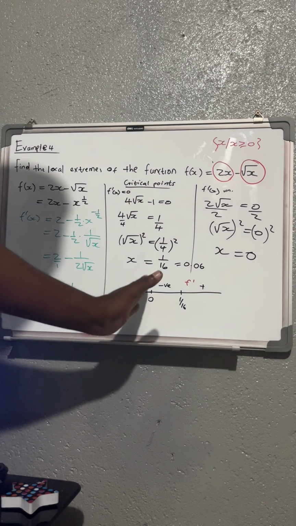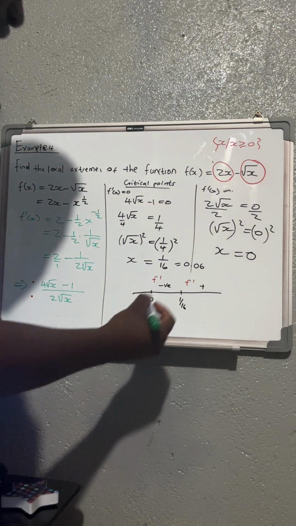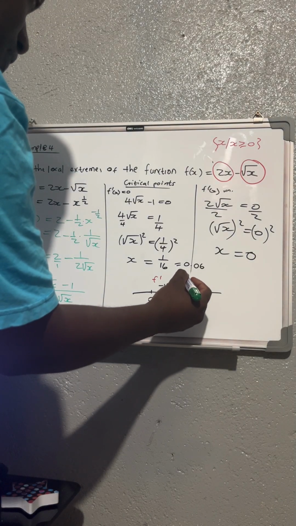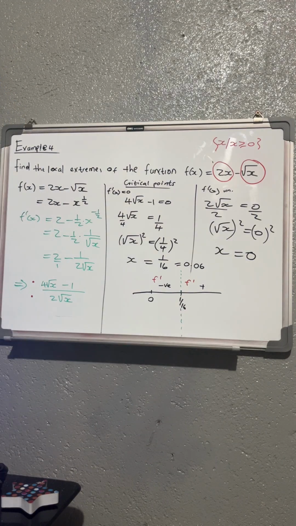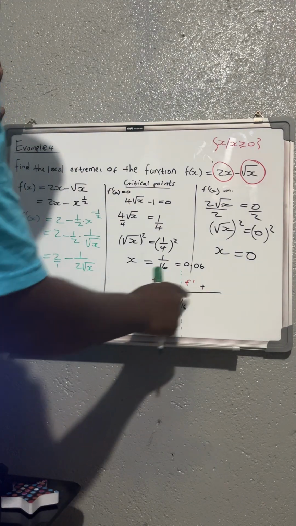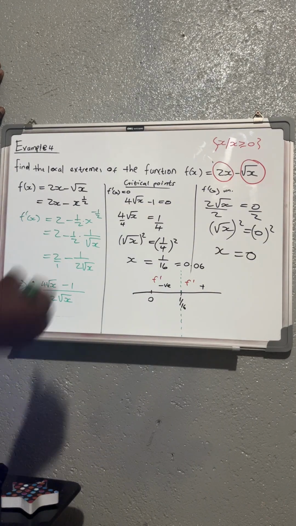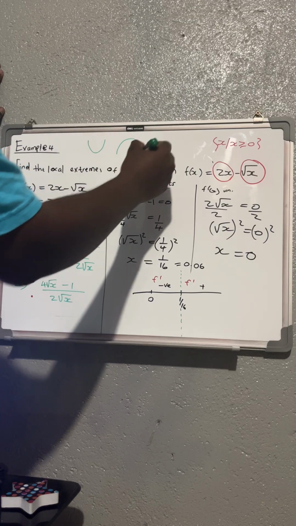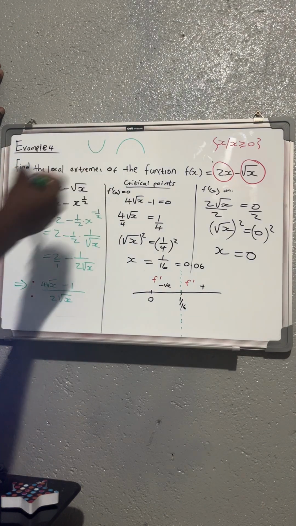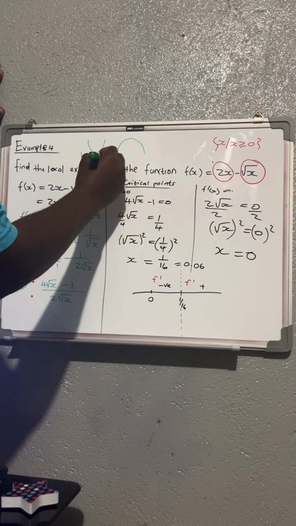Since you are only working from here to here, I would just come and write dotted lines between this one, like this. Then now I start interpreting these two signs that I have. That a negative, it's what? Remember, we have our concave up and concave down. These are basically your local extremes. This is your local minimum.